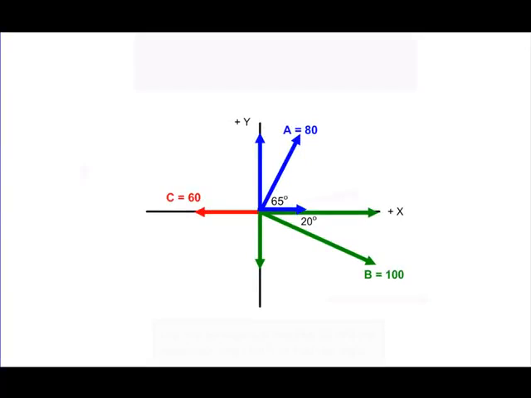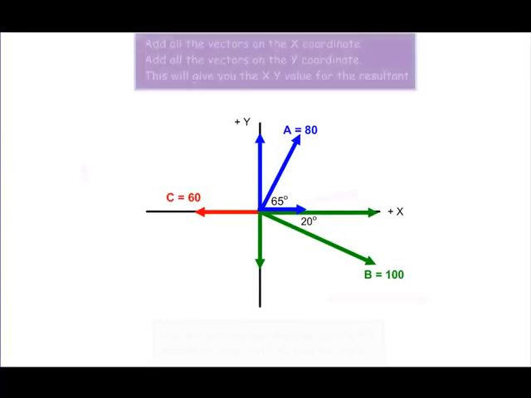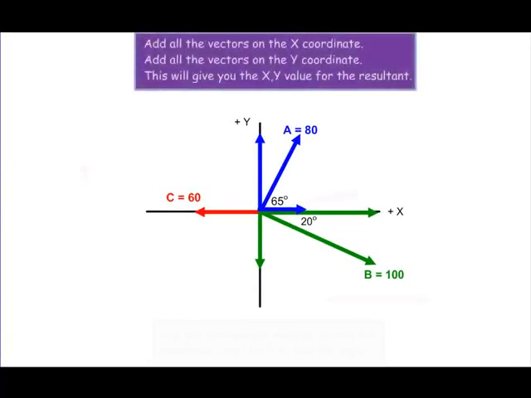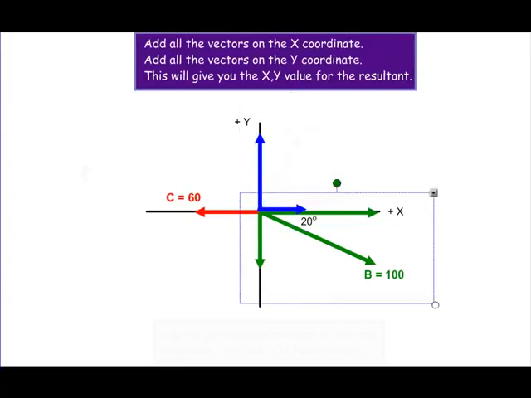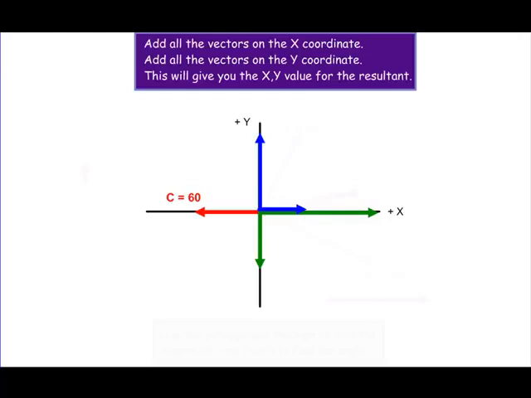Let's take a closer look at what we actually do with all of these components. We'll be adding up all the vectors in the x coordinate and also adding up all the vectors on the y coordinate, and we'll use these to determine the resultant. So to make this look a little bit easier, let me take away the original vector A and vector B, and we're just going to work with the components. So we're going to find the sum of all the vectors in the x direction.